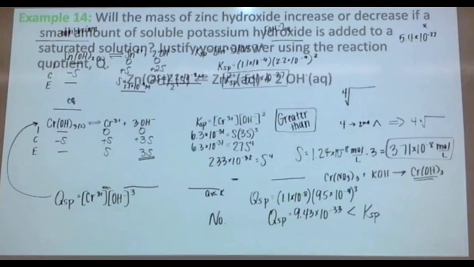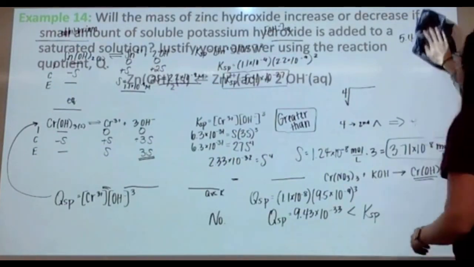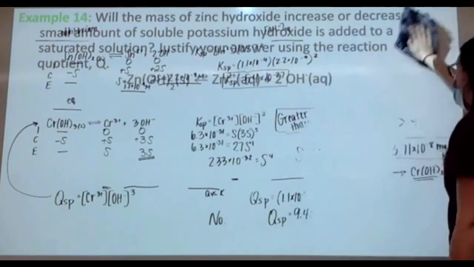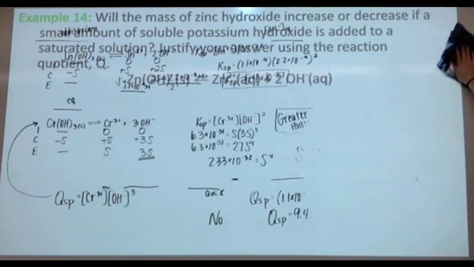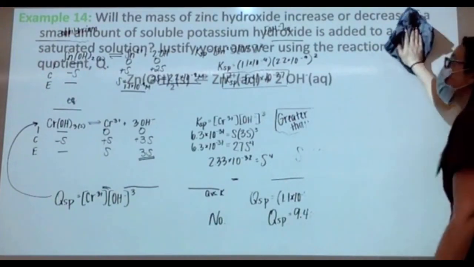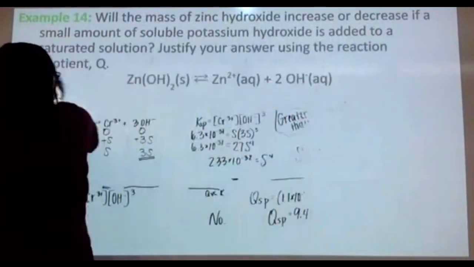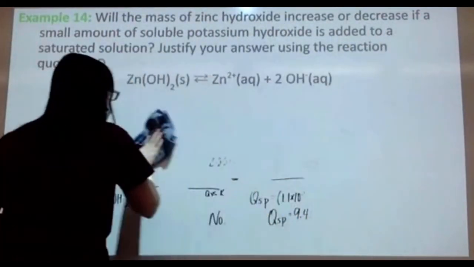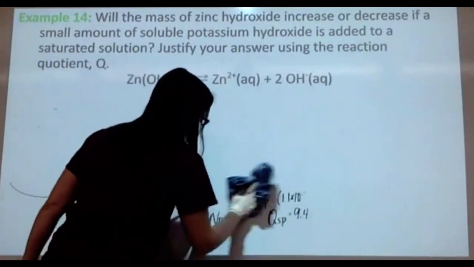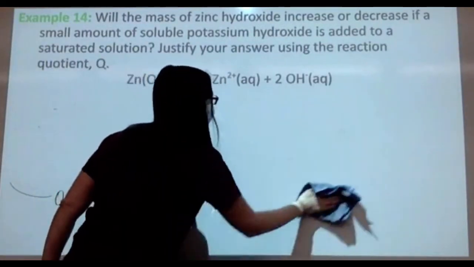Justify your answer using the reaction quotient Q. So it wants us in our justification to include Q. That means you're thinking about the K expression, but you're plugging in values for Q, because if you're making changes to equilibrium, remember now that's Q.